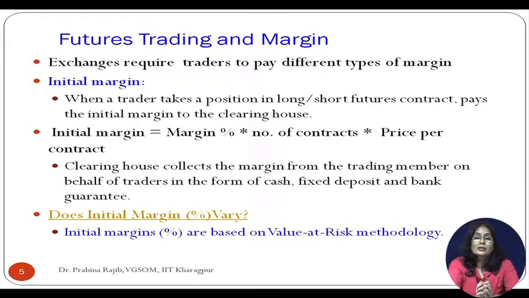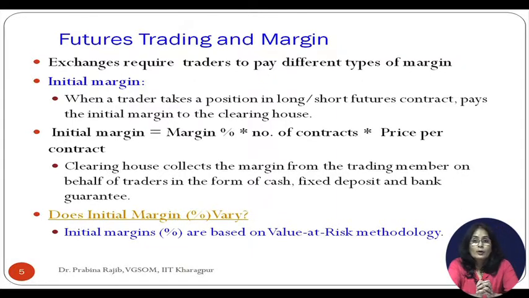Now, as we discussed that clearing houses charge different types of margin, in this session we will discuss what the different types of margin are that are levied by the exchanges, and how the margin rates get calculated. Exchanges require traders to pay different types of margin.